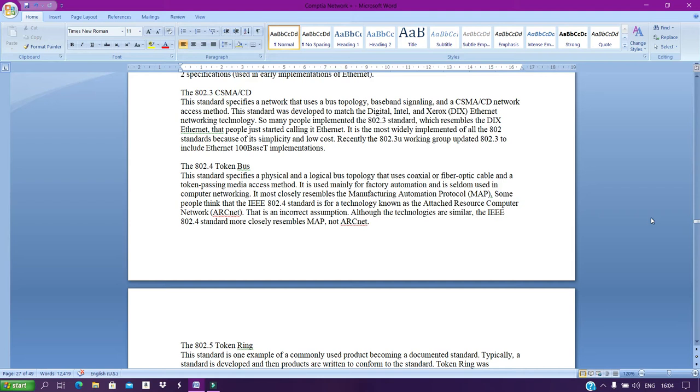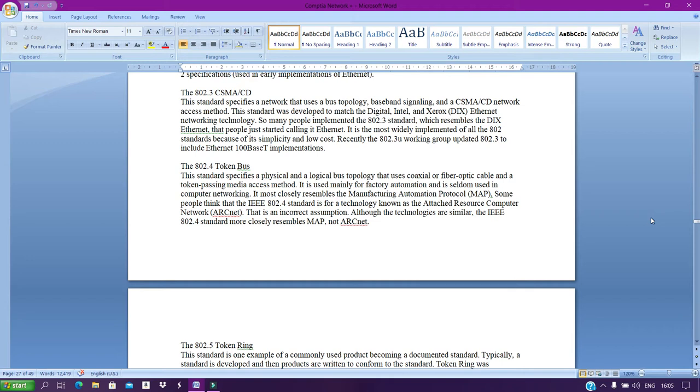802.3: CSMA-CD. This standard specifies a network that uses bus topology, baseband signaling, and the CSMA-CD network access method. This standard was developed to match the Digital, Intel, and Xerox DIX Ethernet networking technology.